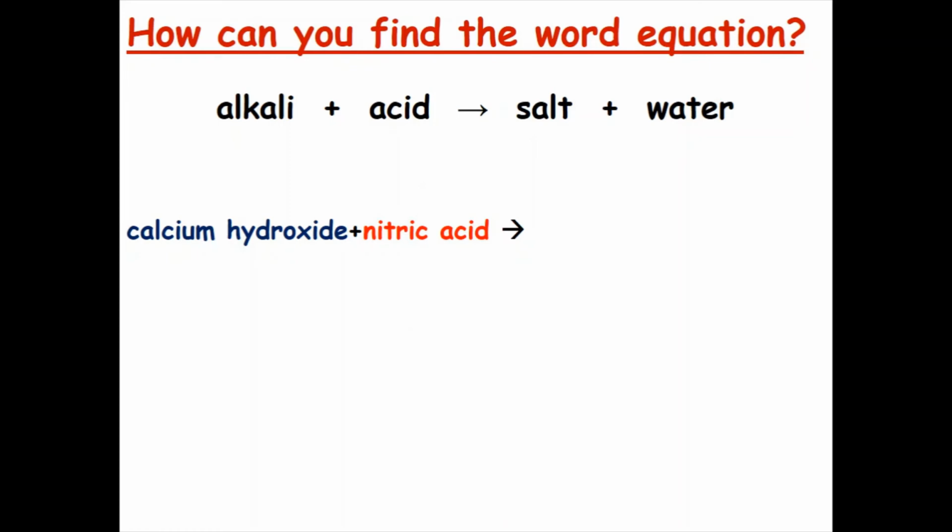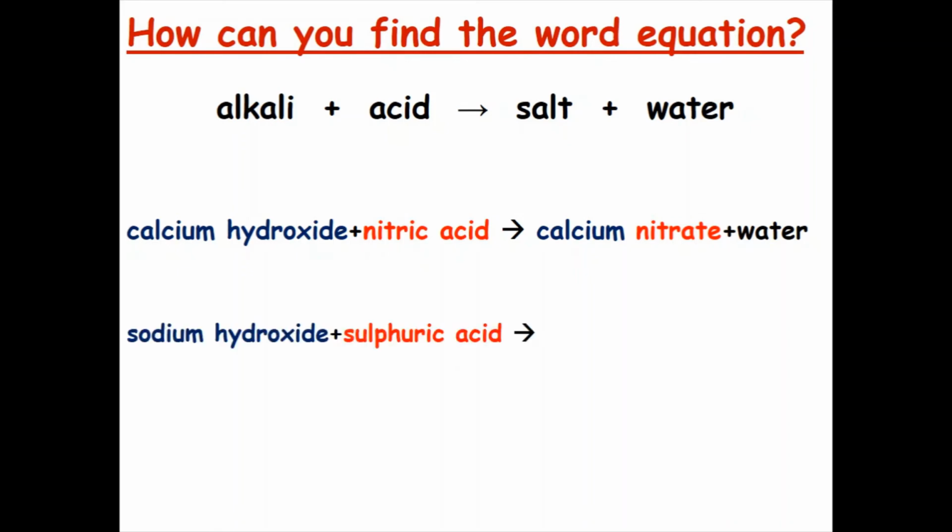The first part of the name of the salt here is calcium, because that is the metal in the alkali here. The second part of the name comes from the acid. Nitric acid forms nitrates, so we have calcium nitrate, and again we have to add the water to finish the word equation.